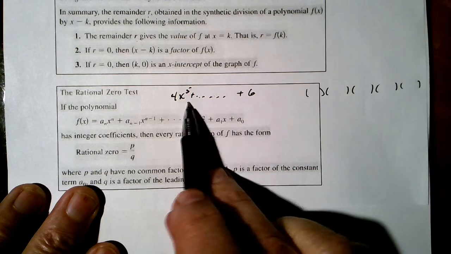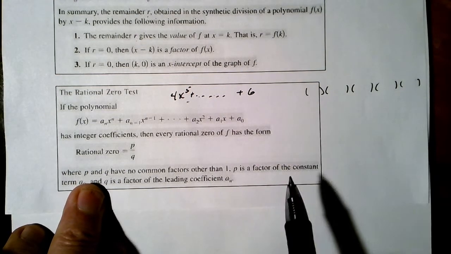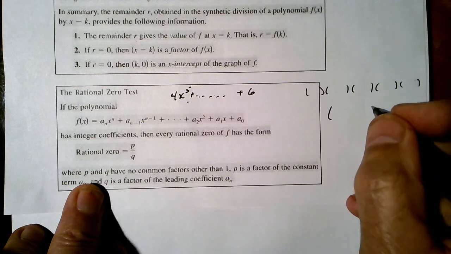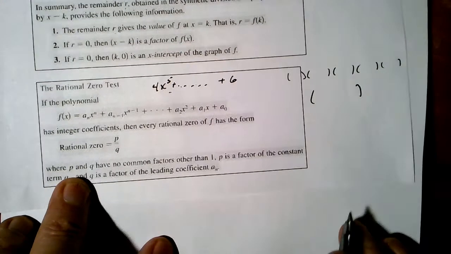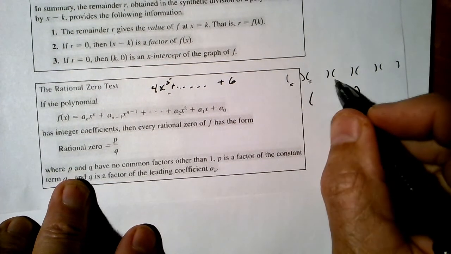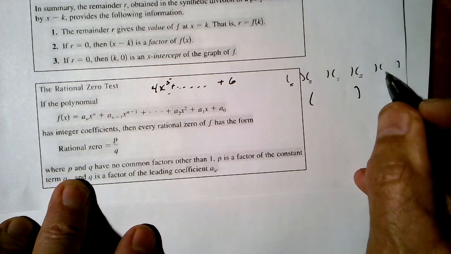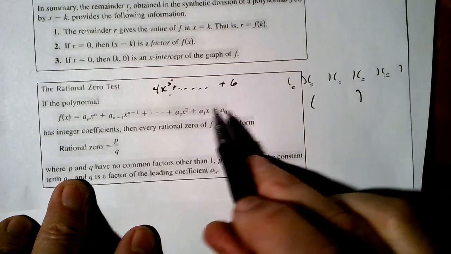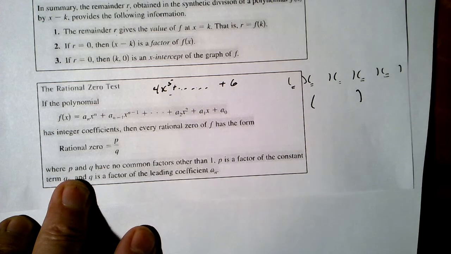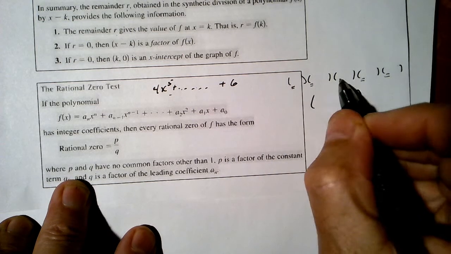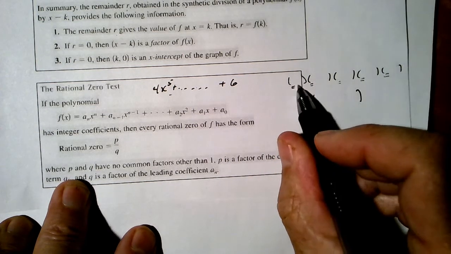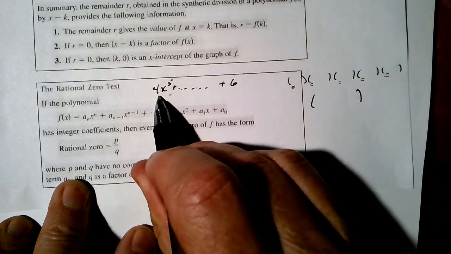Let's say we could get 5 nice factors out of this. What would we know about each one of those factors? Well, this times this times this times this times this would have to be 4x to the 5th. We'd have something x, something x, something x, something x, something x, and if I multiplied all the somethings, they'd have to multiply to be 4.